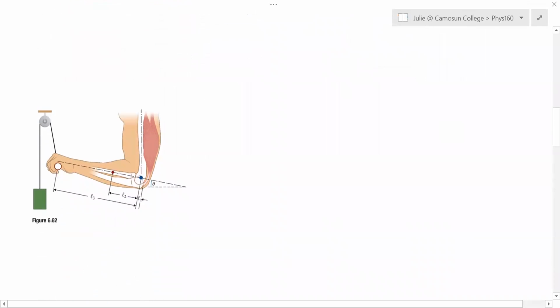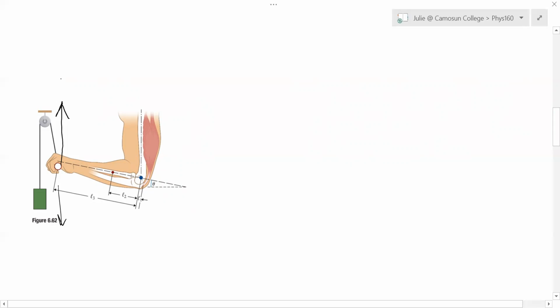Now this is a trickier one. It's really hard to see what's going on in this diagram. So it's a tricep exercise. So as you push down, you push this handle down. Well, the handle exerts a force up like this. So this would be the force from the handle.